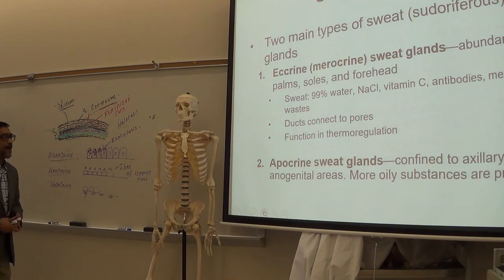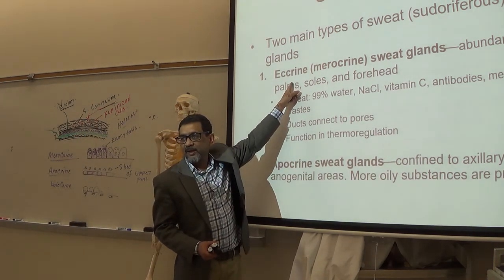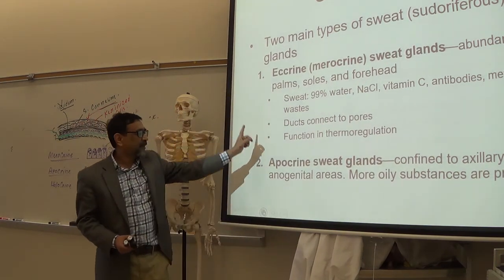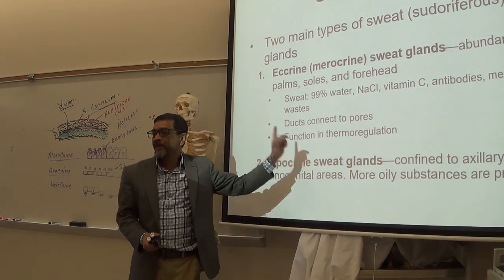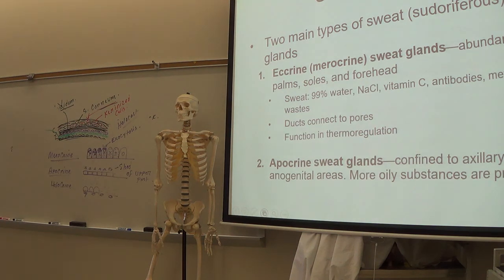So, sweat glands and sebaceous glands. Write down one thing, this will be helpful, otherwise it could be confusing. Sweat glands and sebaceous glands are two types of glands in the skin. There are two types of sweat glands: one is called eccrine sweat gland, and another type is called apocrine sweat gland.